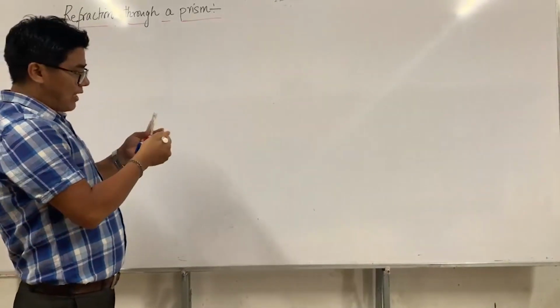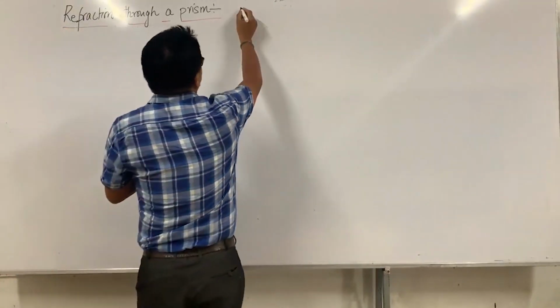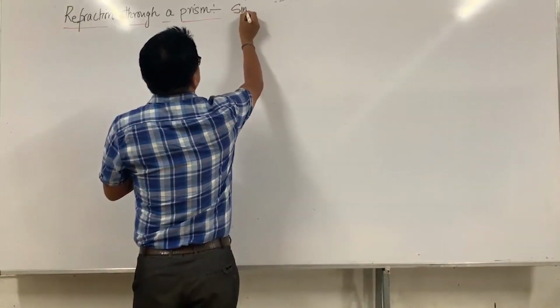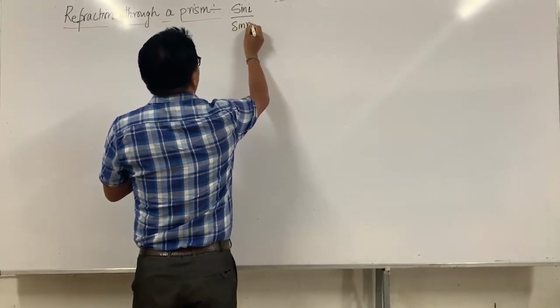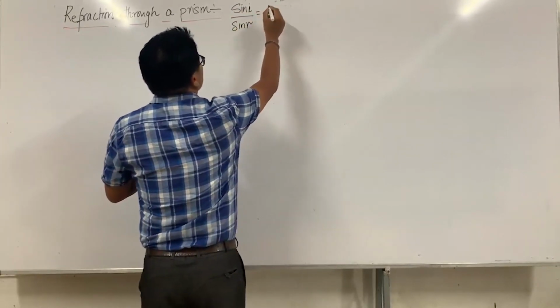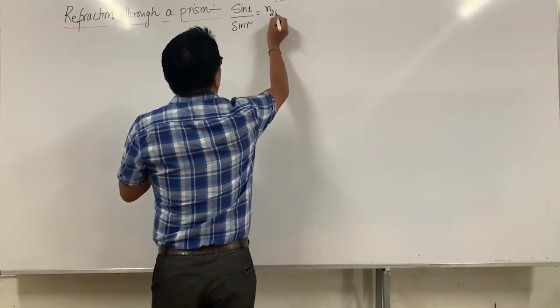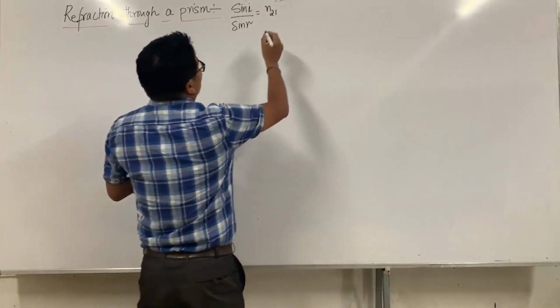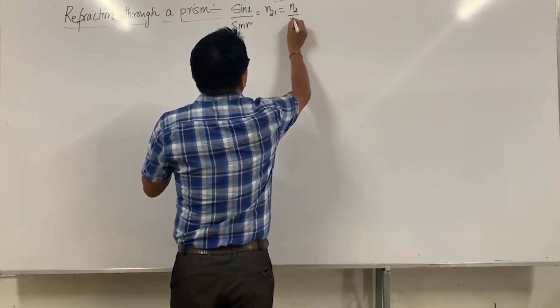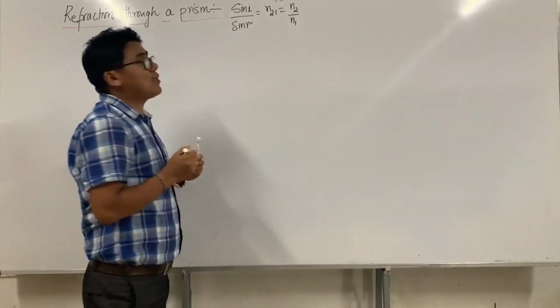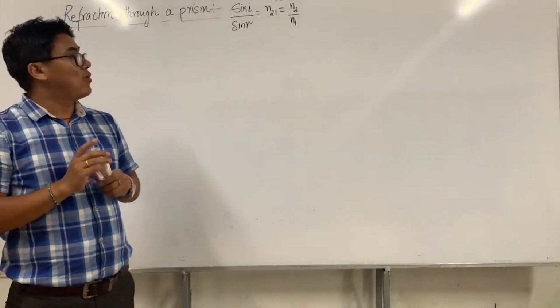Alright, so let me do a small recapitulation of Snell's law. Sin i divided by sin r is equal to n21, which is equal to the refractive index of the second medium divided by the refractive index of the first. This is what we define as Snell's law.